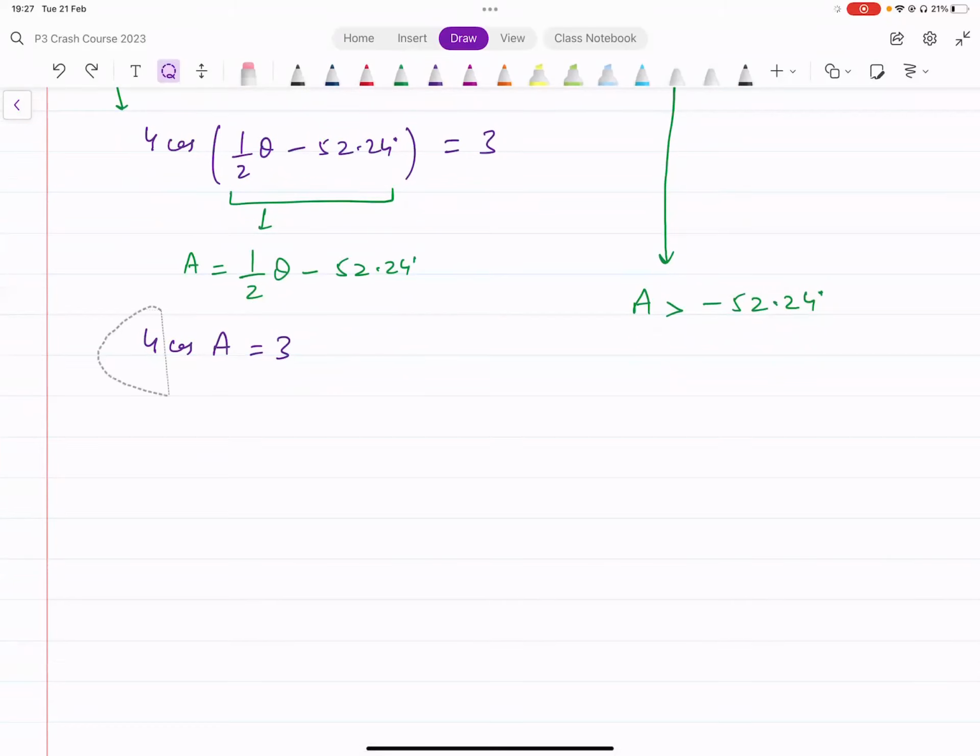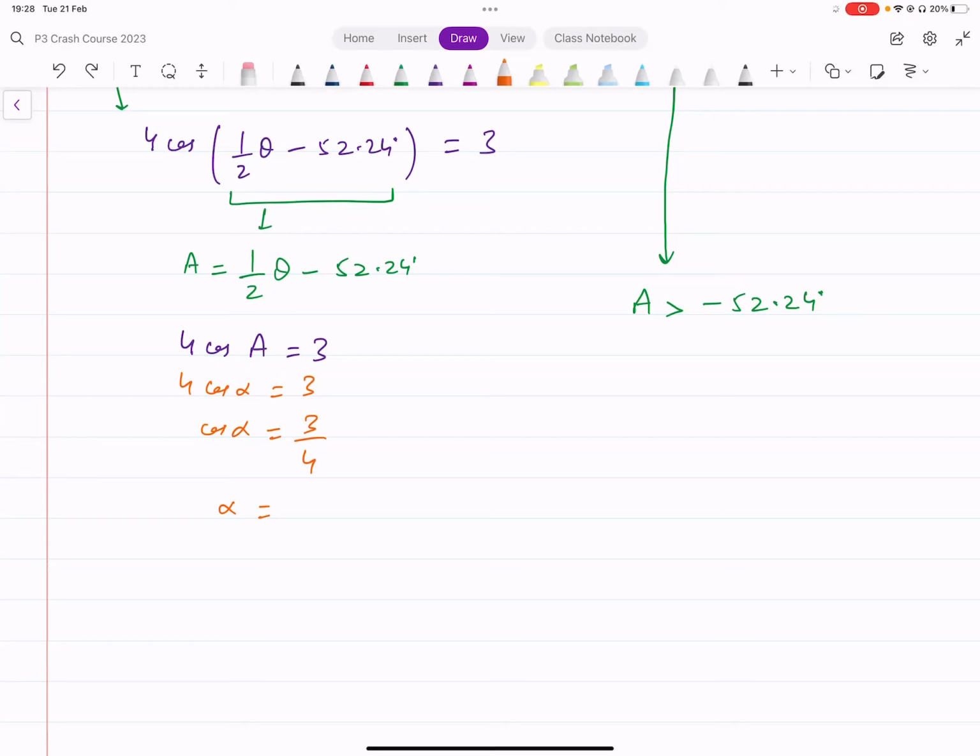Now, how do we solve this equation? 4 cos A equals 3. Let's find the basic angle. We say this is 4 cos alpha equal to 3. Cos alpha equals 3 over 4. Again, it's in degrees, so we need to find the basic angle in degrees. Let's figure that out. Cos inverse of 3/4.